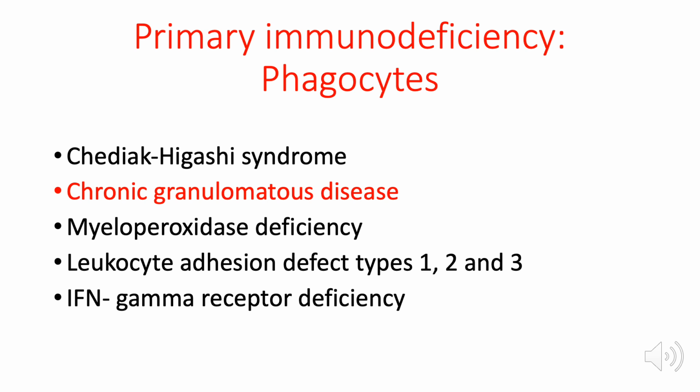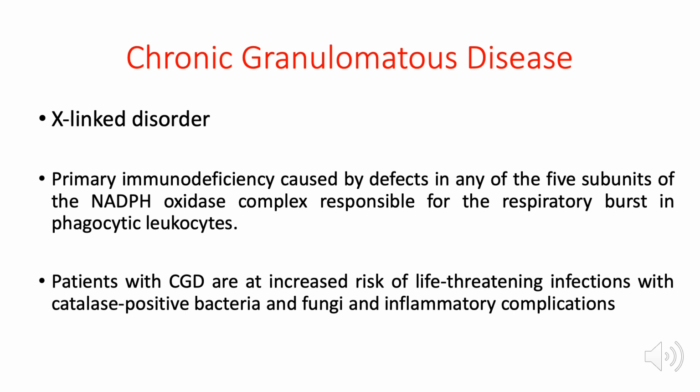The second primary immunodeficiency disorder involving the phagocytes is chronic granulomatous disease. Chronic granulomatous disease is an X-linked disorder, meaning this will manifest most of the time in males, while females will act as carriers.